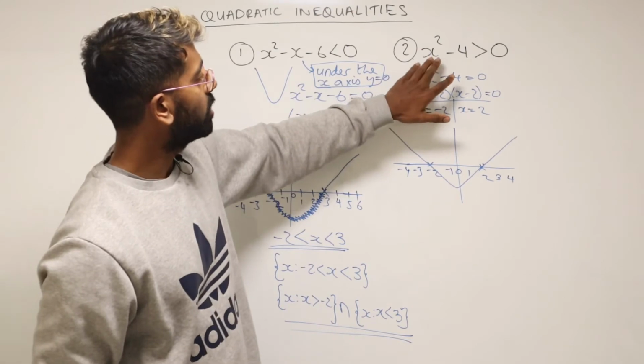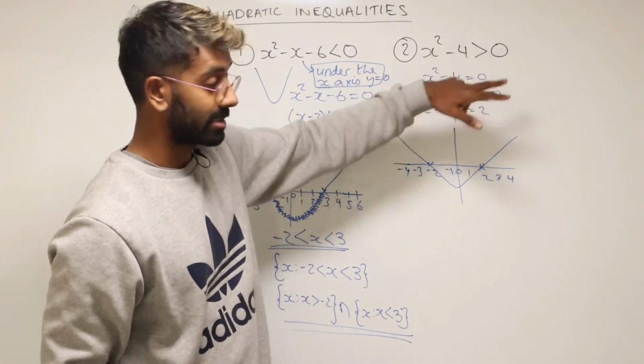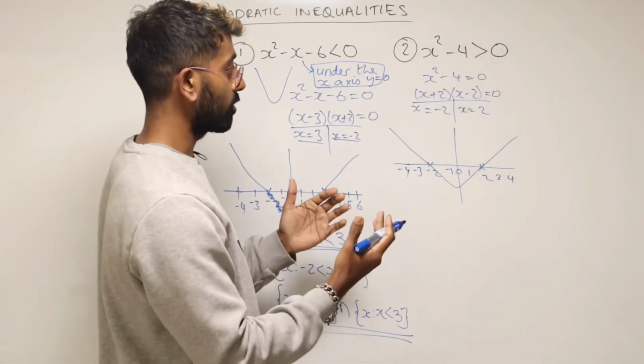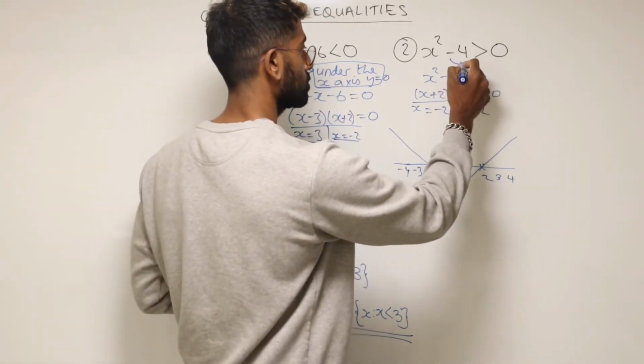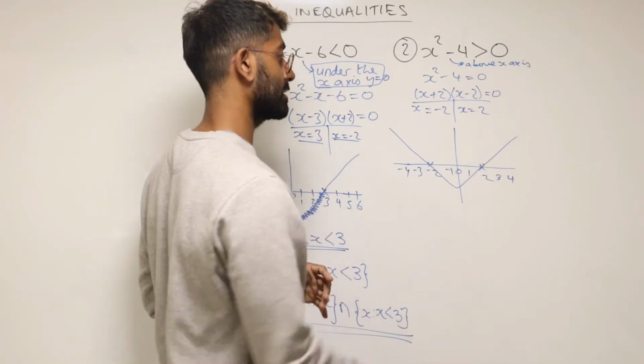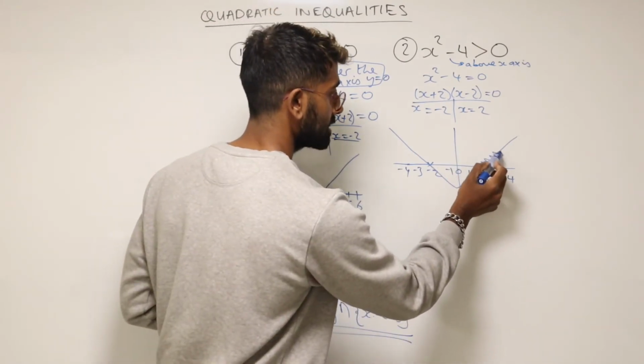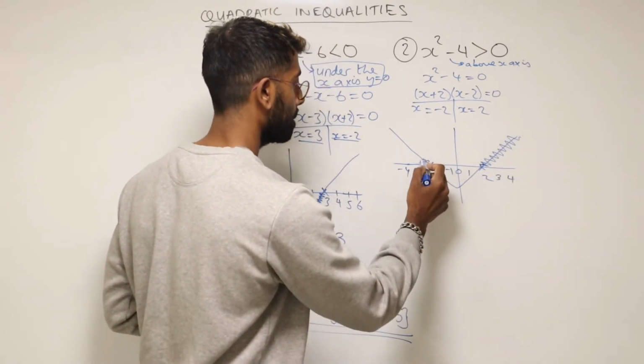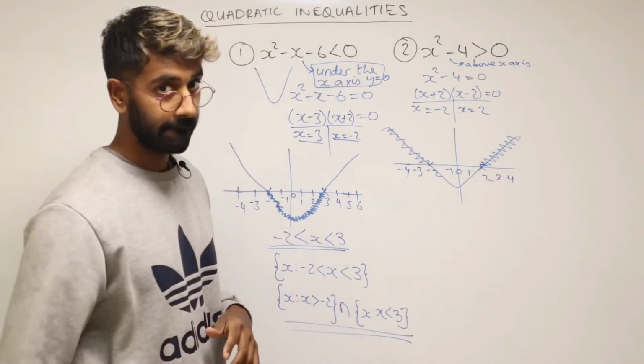Now, this time, we're looking for where the graph is greater than 0. So we're looking for where the graph is above the x-axis. And so we can see it's above the x-axis over here and over here.